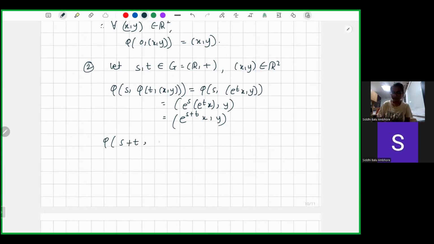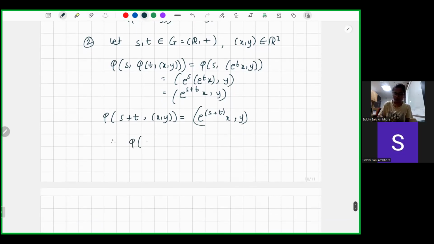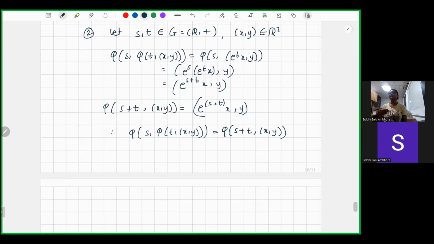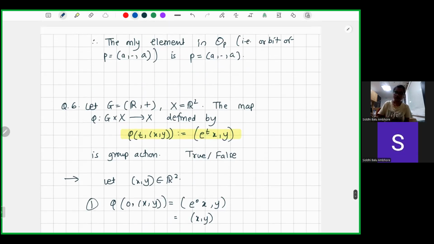So this is phi of s plus t comma (x, y), which is (e^(s+t) x, y), and this is exactly equal to phi of s comma phi of t comma (x, y). Therefore phi of s comma phi of t comma (x, y) is equal to phi of s plus t comma (x, y). So both the conditions are satisfied, and therefore this is true.